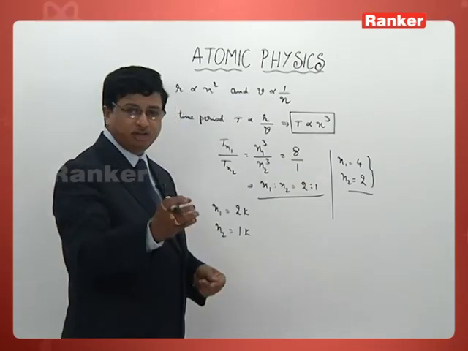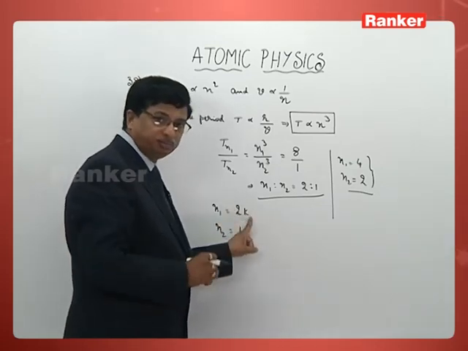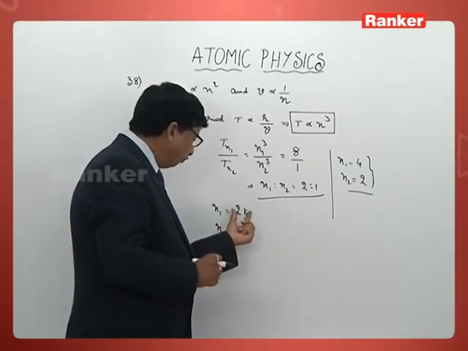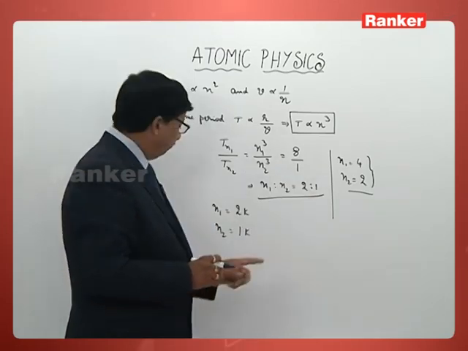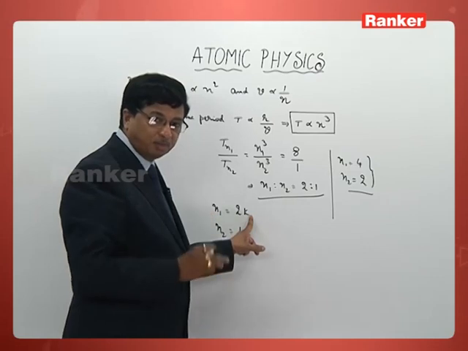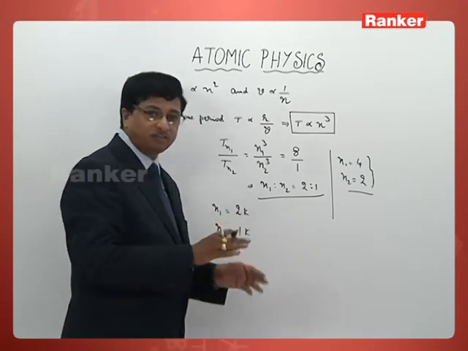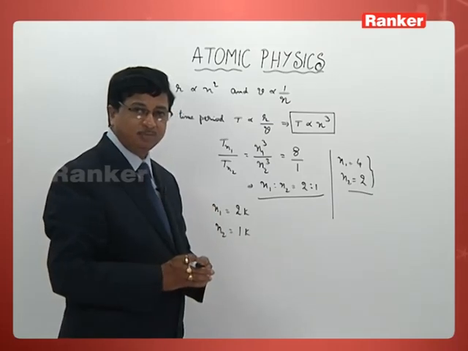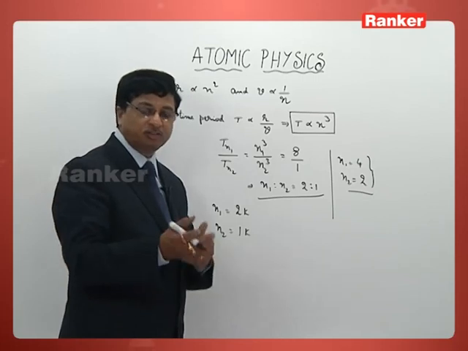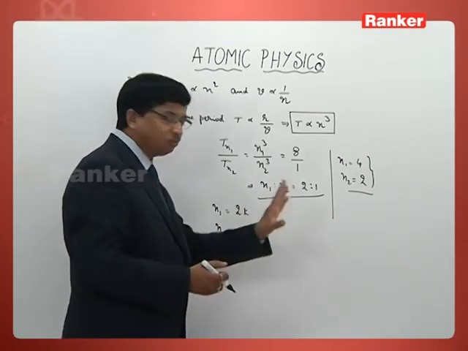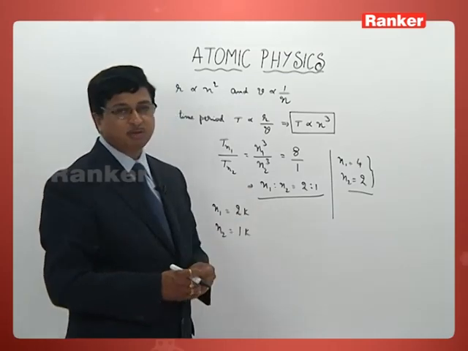He has not mentioned 2 and 1 in the options. When k is 2, it will be 4 and 2. Yes, there is a possibility. When k is 3, you will get 6 and 3. The 6 and 3 option is not there. If I take k as 4, 8 and 4 option is not there. So no other option is going to tally other than this pair. So directly you can come to a conclusion.